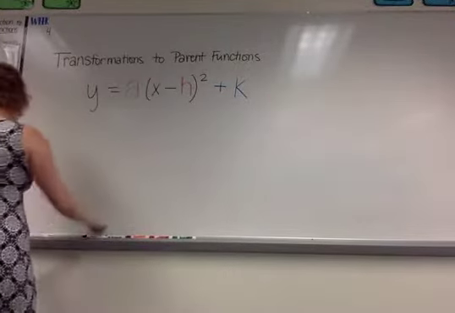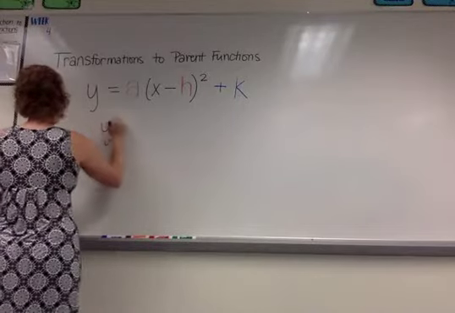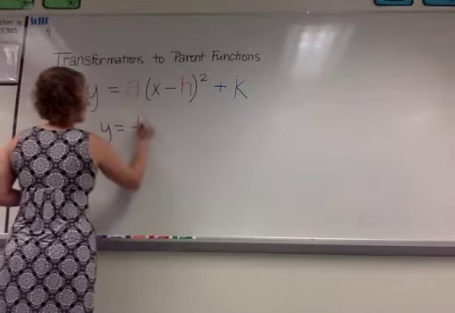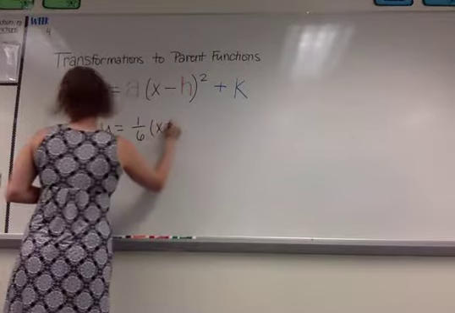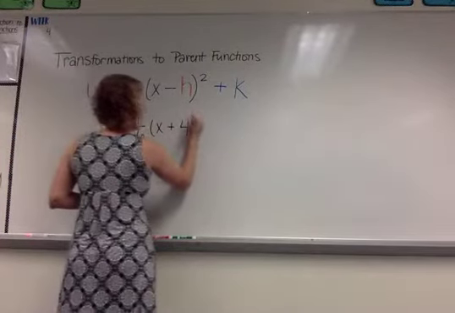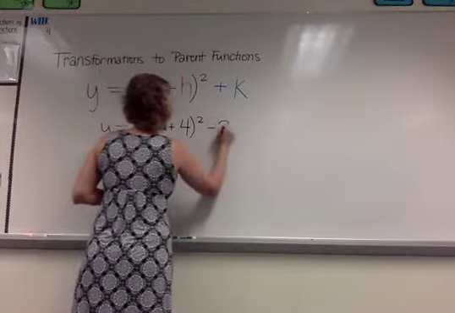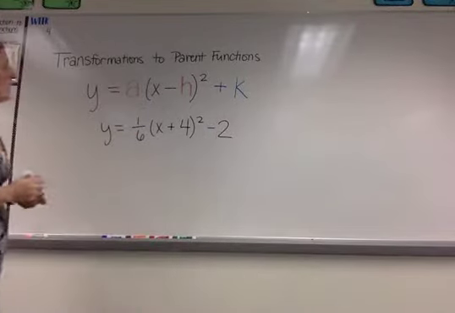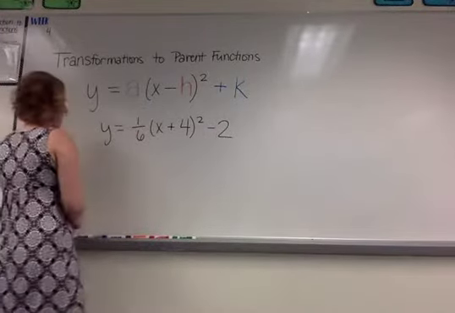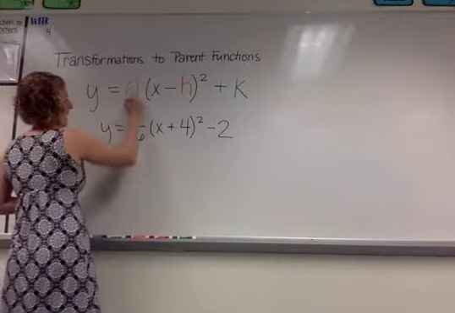Okay, so if I have y equals 1/6 (x plus 4) squared minus 2. So this 1/6 is a.